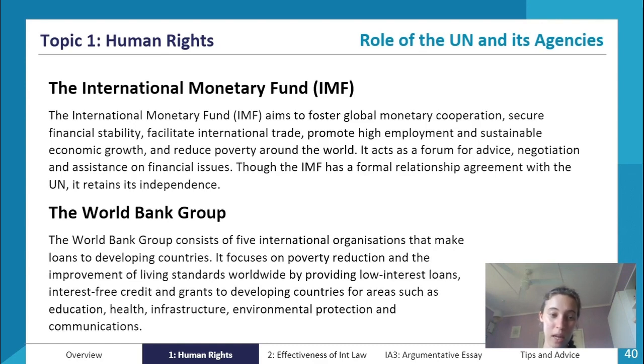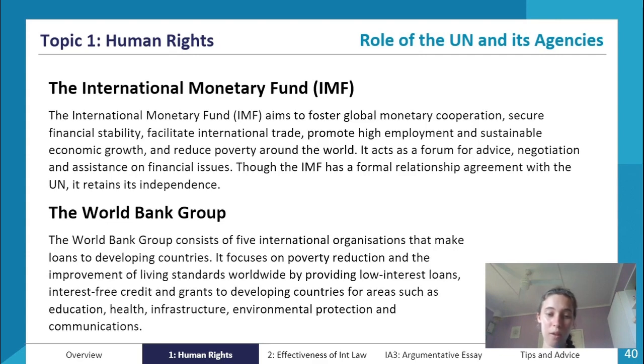Now, different to that is the World Bank Group. So, five international organizations that make loans to developing countries. So, it is like our normal kind of bank, but it's giving loans specifically to developing countries.